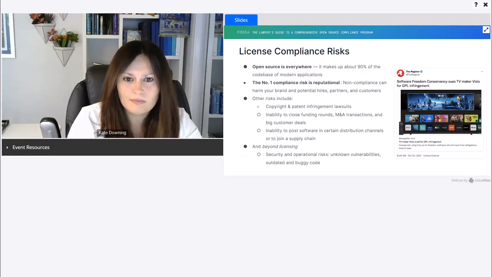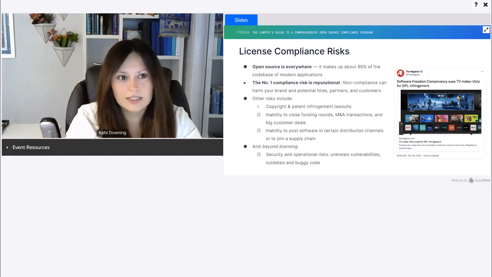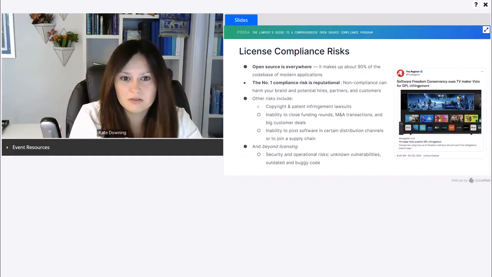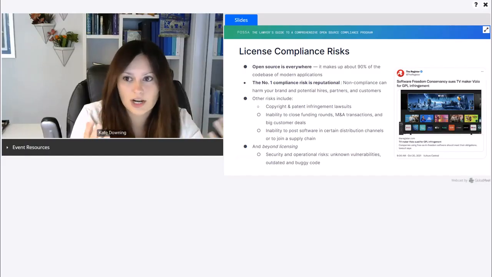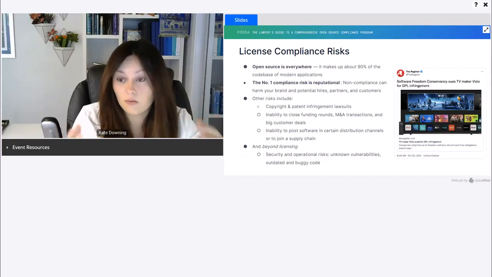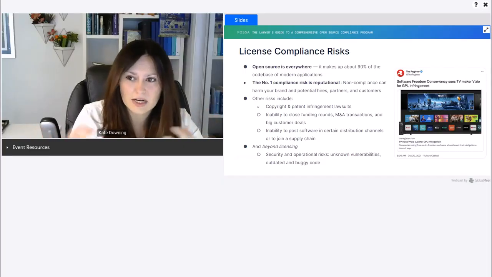I will also say that, in terms of compliance risks outside of that sort of legal space, will there be claims? Will there be lawsuits? There's also, you're part of a compliance chain, right? If you sell to other customers, customers may want to know, hey, what's the open source in what I'm getting, right?